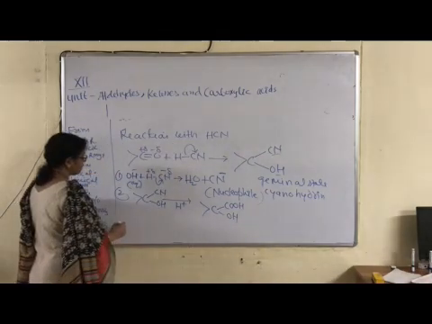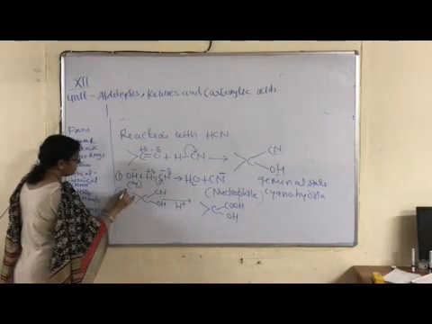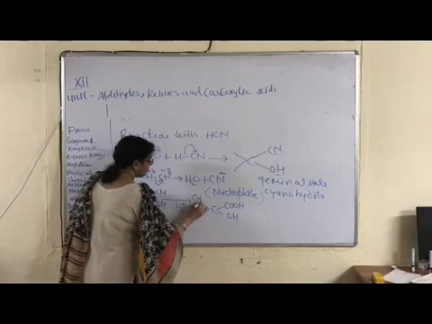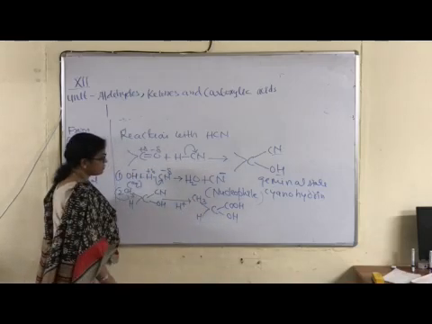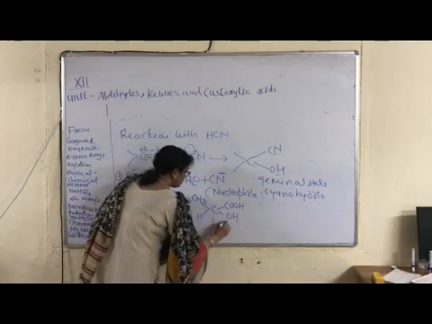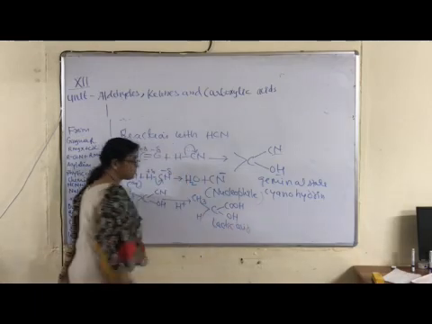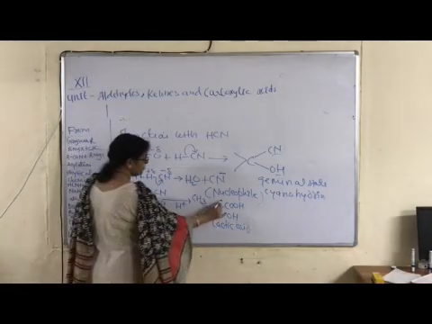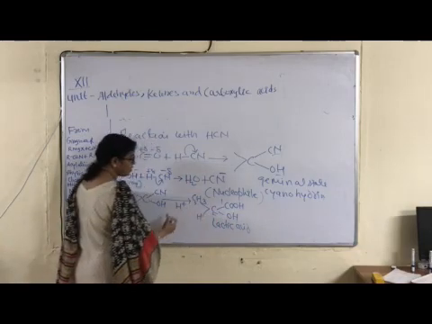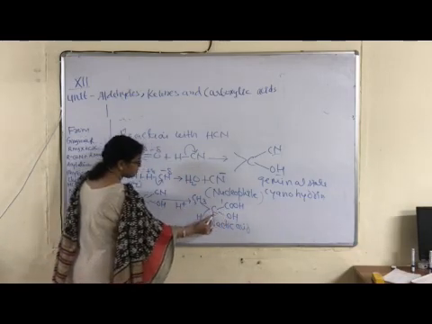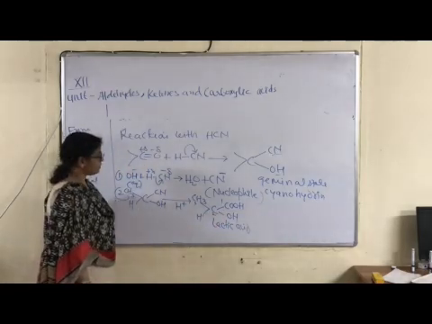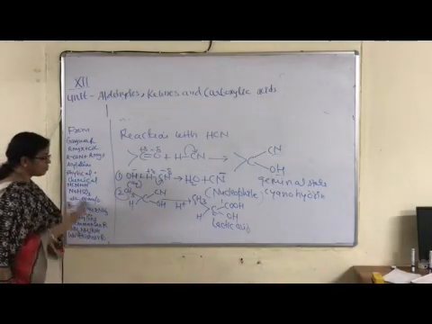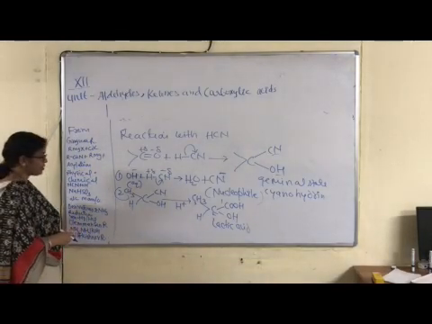If R is CH3 and the second valency is attached with hydrogen, then this product is known as lactic acid, right? Which is one component of curd. The IUPAC name is 2-hydroxy propanoic acid, right? So this is the importance of cyanohydrin. We can synthesize, we can prepare another organic product.